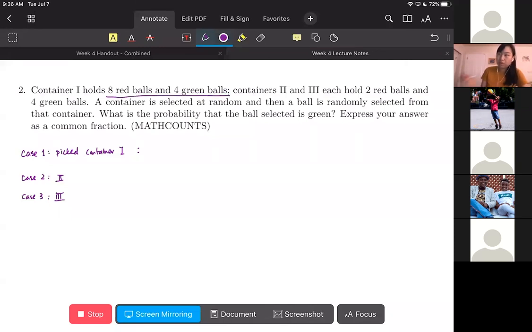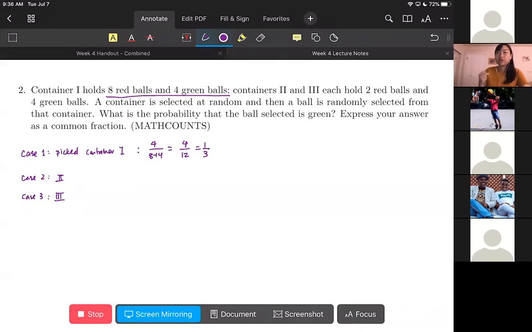So the probability that we select a green ball is just 4 over 8 plus 4, which is 4 over 12, which is 1/3. Does everyone see where that is? Yes. Okay. So 1/3 is the probability that I pick a green ball, given that I've already picked container 1.